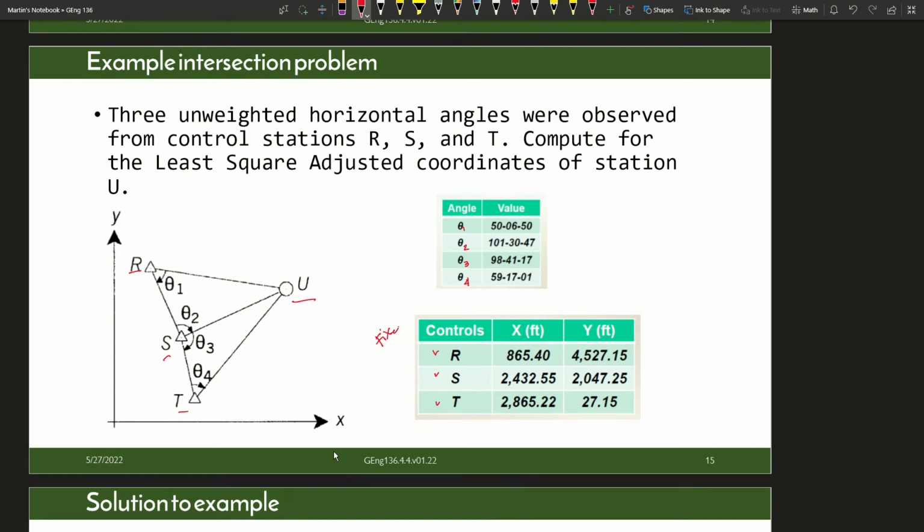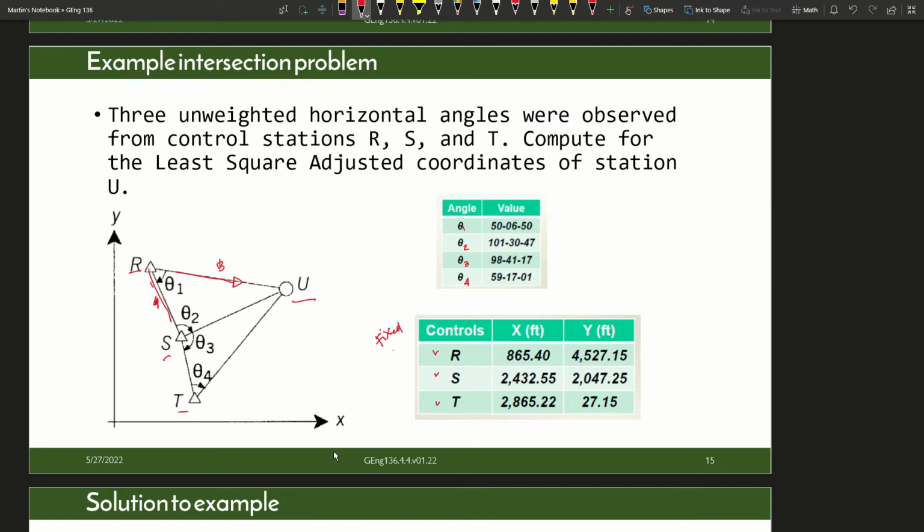So most likely, for example, we took a backsight at station U, then we took a foresight at station S. Basically, let's view this formula.